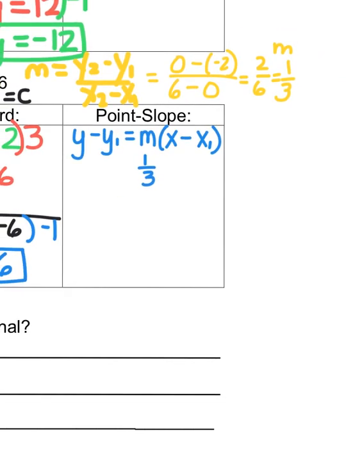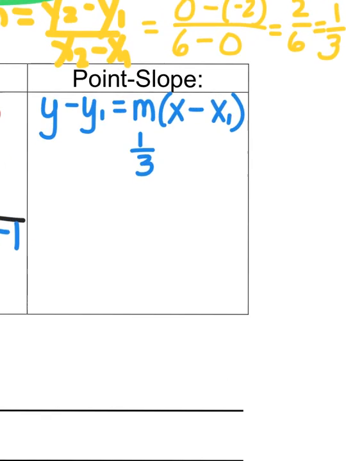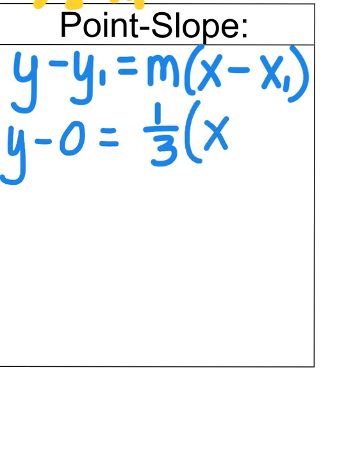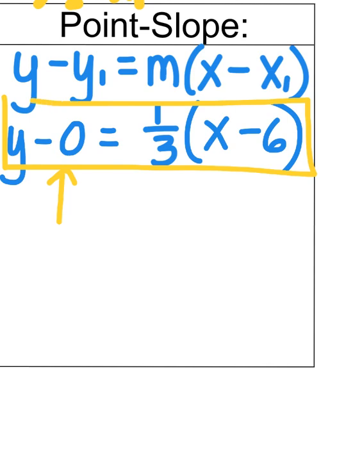You could use either point. I'm going to use the x-intercept of 6, 0. So we'll have y minus 0 equals our slope of 1/3, open parentheses, x minus 6. You may be tempted to simplify this. Don't do it. It's perfectly fine because it is in point-slope form at this time.